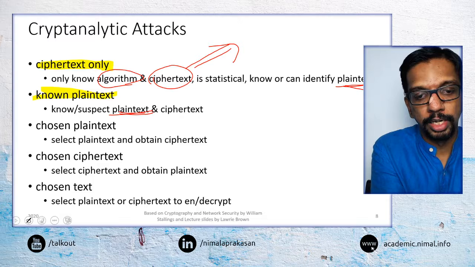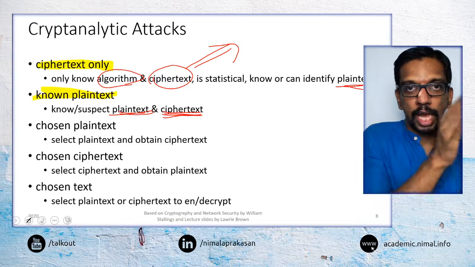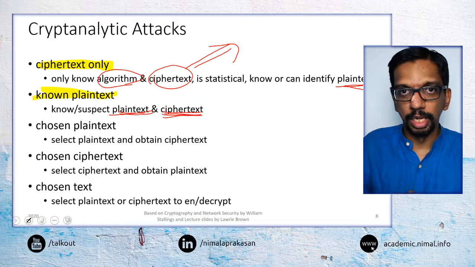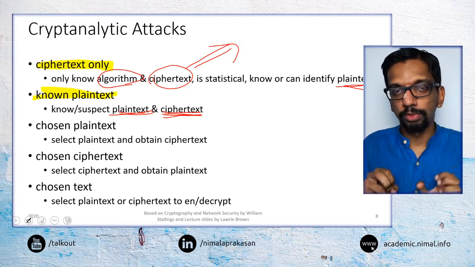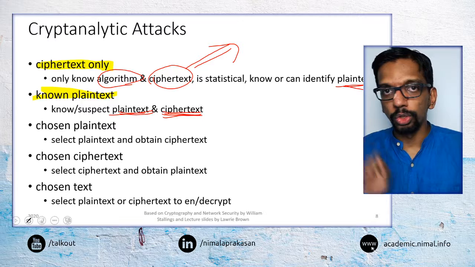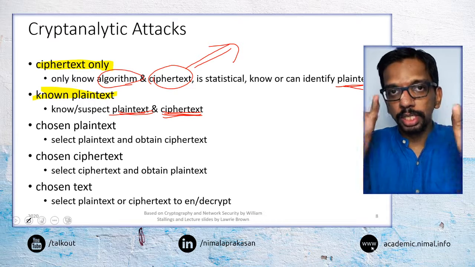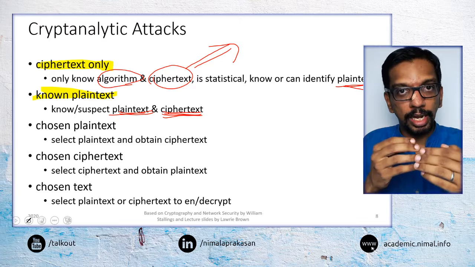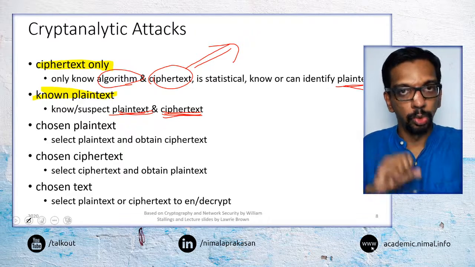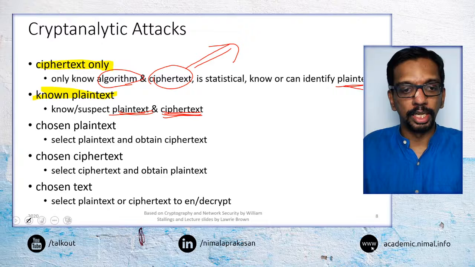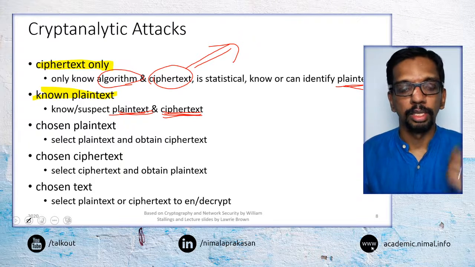For a particular plain text, we also know its ciphertext. Say, for example, I send a message using a similar algorithm, and now I know the original plain text and also the ciphertext after the conversion. Using these two things, I can do some analysis to identify how this conversion is working. So I know the plain text and the ciphertext, and I can compare them and identify the key.